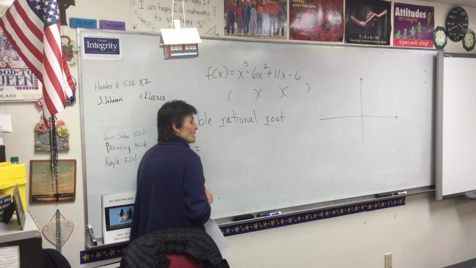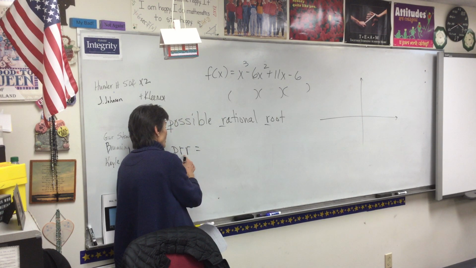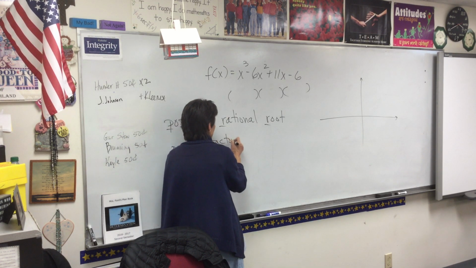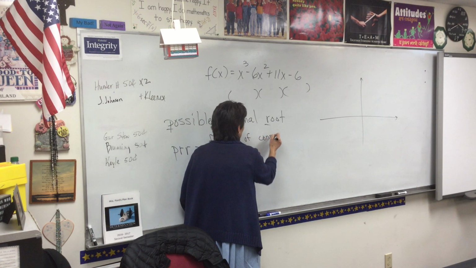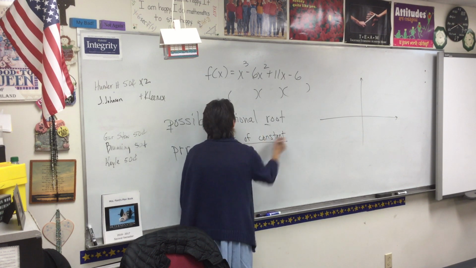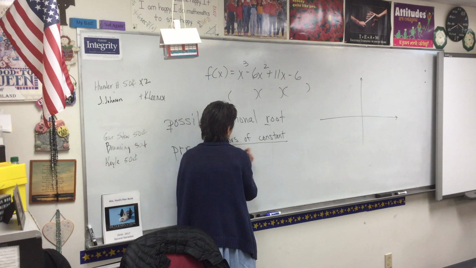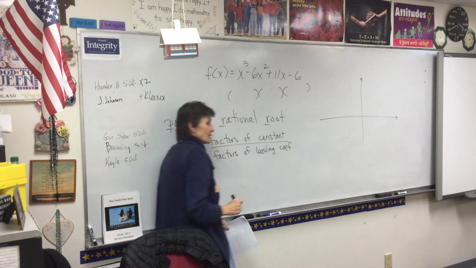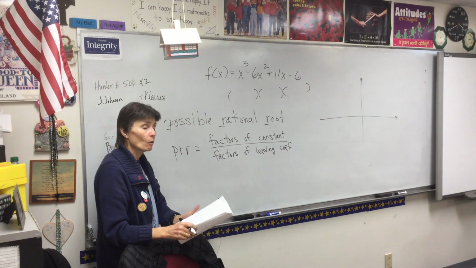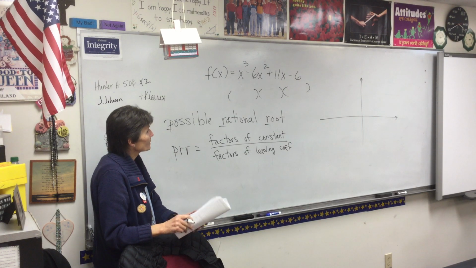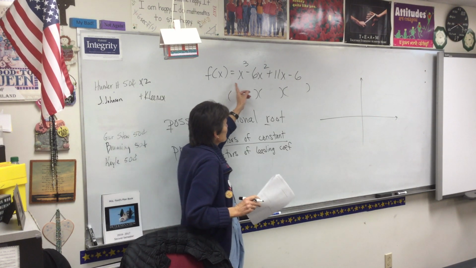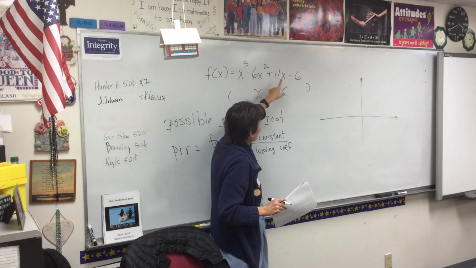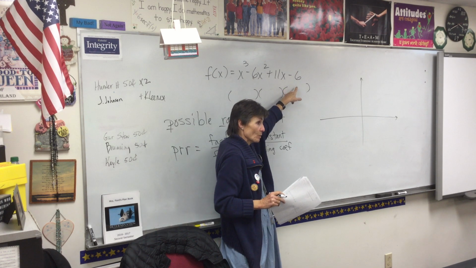It's real simple. Your possible rational roots, that's what PRR stands for, possible rational roots, are factors of the constant over factors of the leading coefficient. Now that's some math vocabulary, but I think you know what those words mean. In this polynomial, notice that every term has an x except the last one.